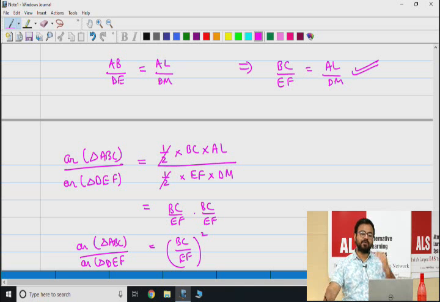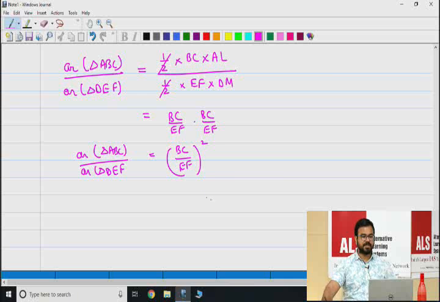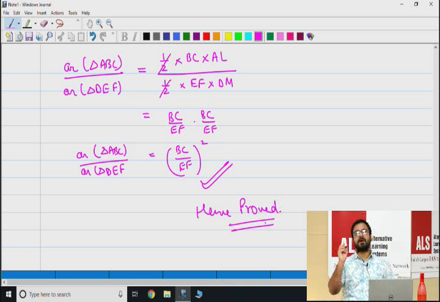And now after proving one of the ratios equal, the rest of the ratios are already equal, we know. The rest of all the corresponding sides, altitude, median, angle bisector, all will be equal. So this is the thing which we have to prove over here. So in the last we can write hence proved. And this theorem is a very important one.